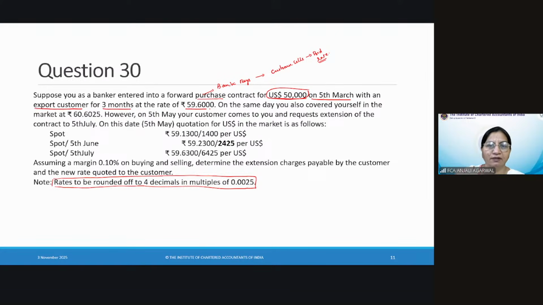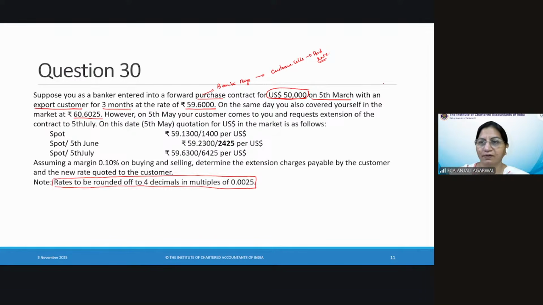At what rate? 59.60. So bank has entered into a contract with the customer where the customer said that I'll be paying $50,000 to the bank, and in return bank has to pay me 59.6 rupee per dollar. So 50,000 into 59.6. So on the same day, you also covered yourself in the market at 60.6025.